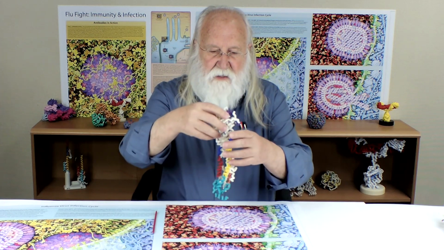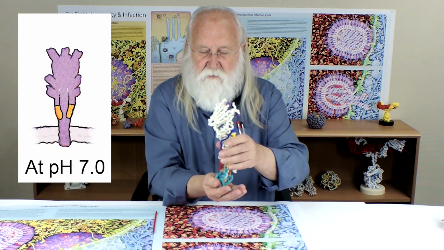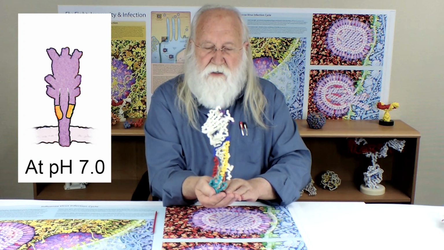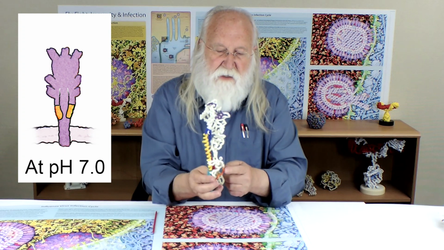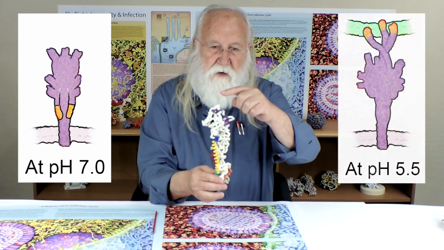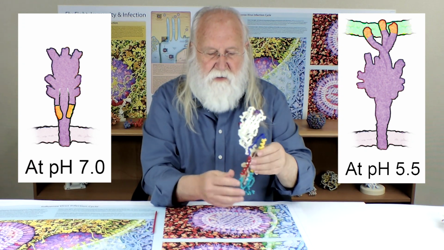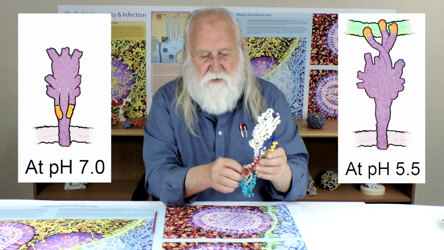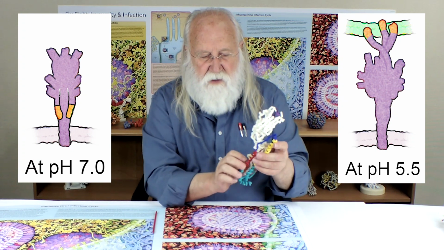But in the initial structure of this protein, it's way down here near the viral membrane. What we want to do is to get this fusion peptide way up here where it can harpoon the cell membrane. So how does that happen? Well, here's the conformational change that happens. You see this blue loop of protein structure here?